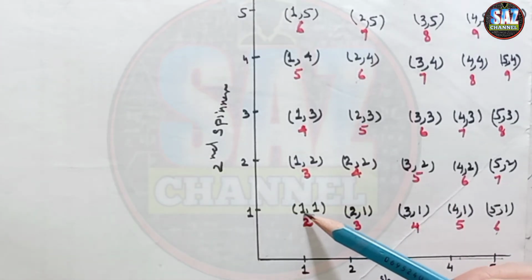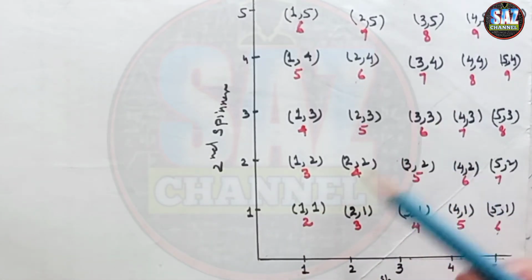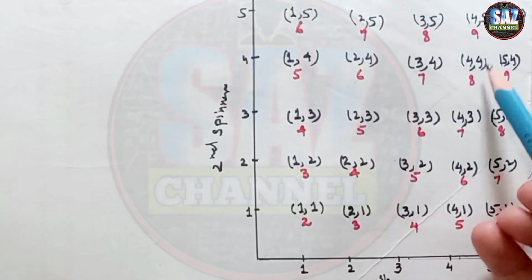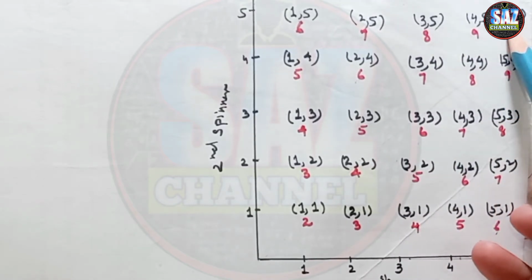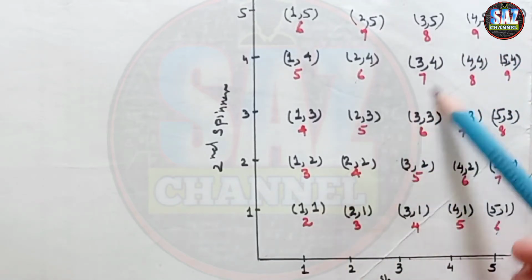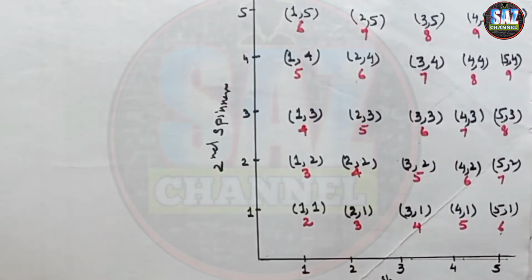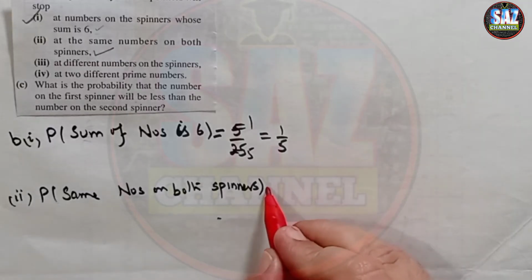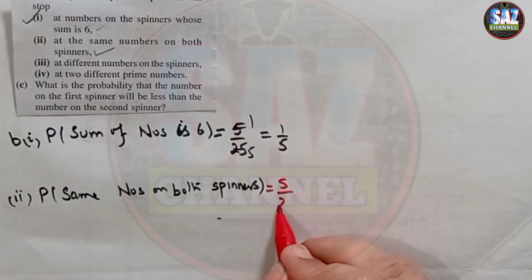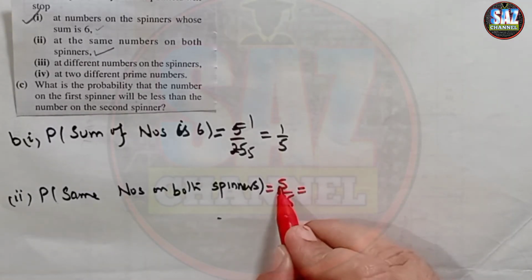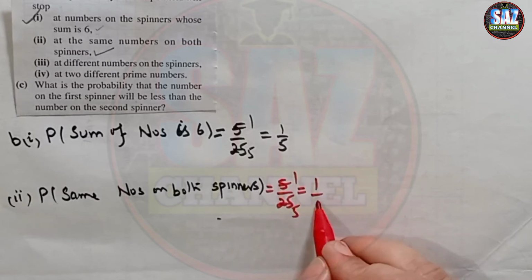If we observe this diagonally, 1 1, 2 2, 3 3, 4 4 and 5 5, here we are getting the same numbers. So how many chances? 1, 2, 3, 4 and 5 chances. Again 5 by 25, which is equal to 1 by 5.